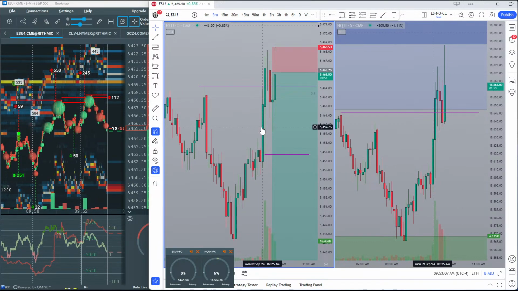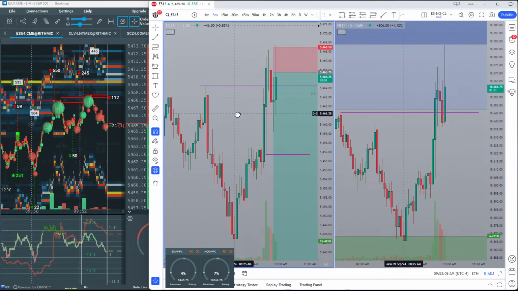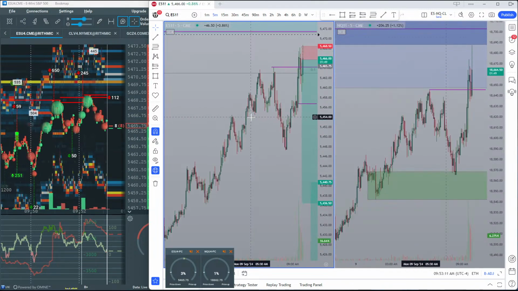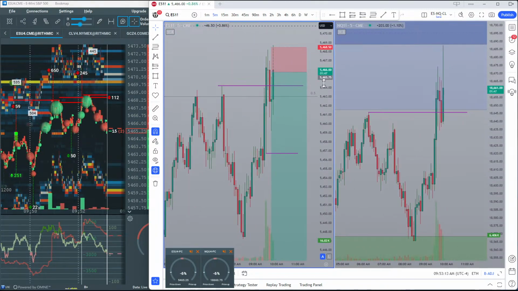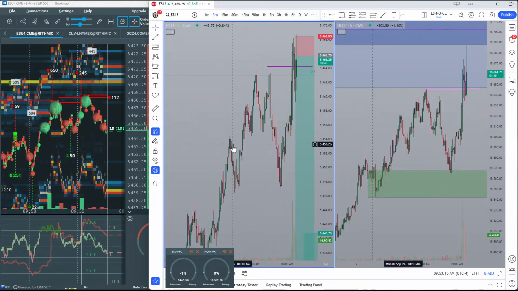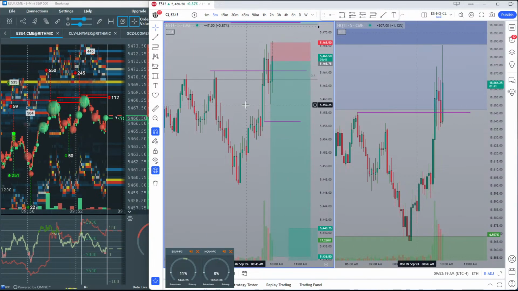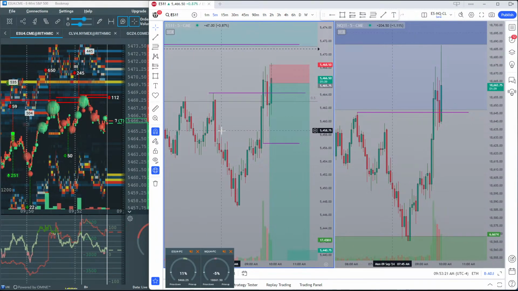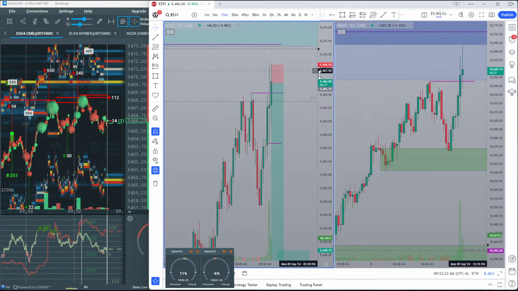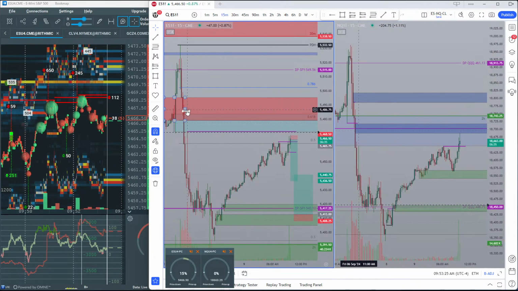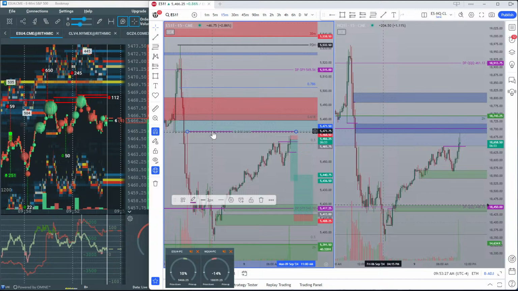I think they have medicine for that. No areas of resistance are being hit right now that we should reverse. We have this level right here.